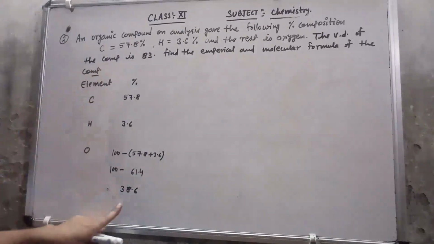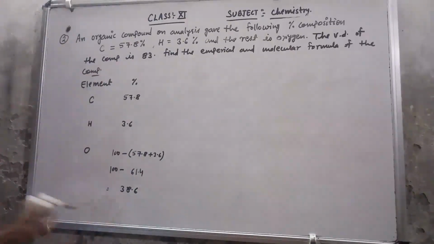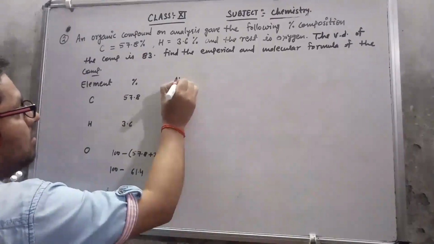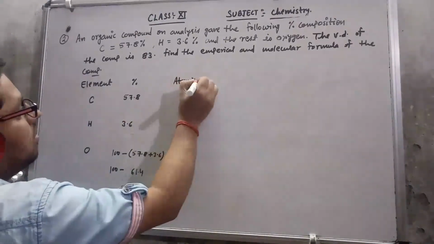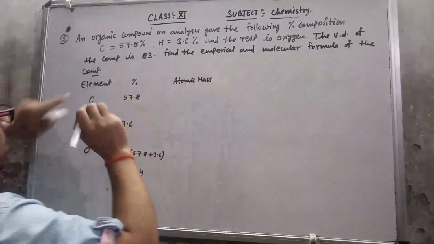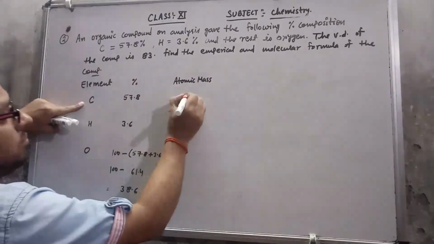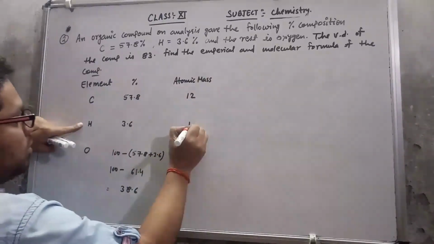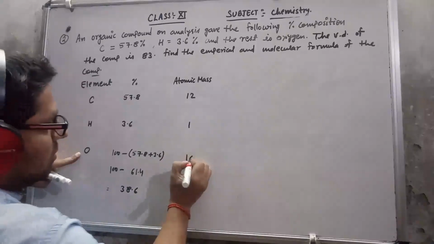That means this is the percent of oxygen. Now the atomic mass of the particular elements: carbon is 12, hydrogen is 1, oxygen is 16.